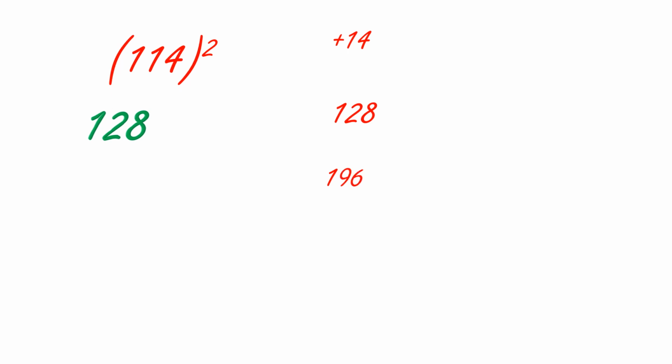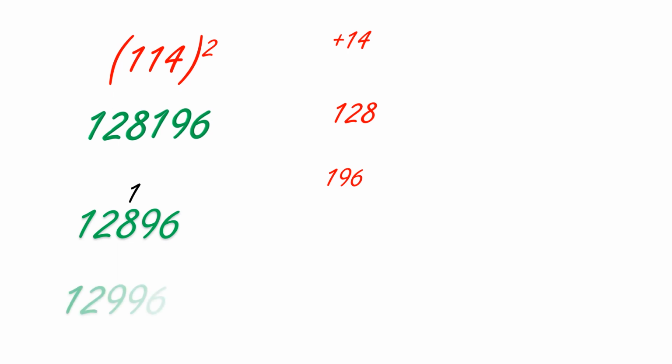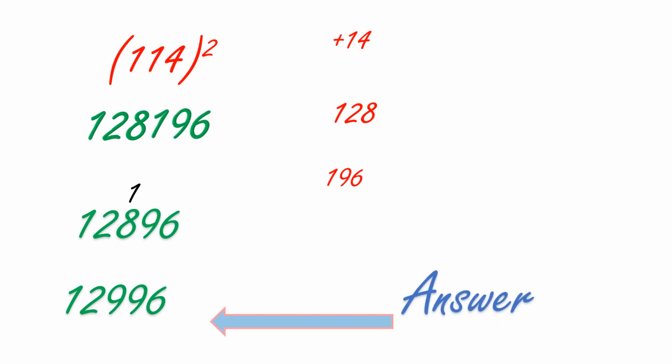Now as the difference is 14, the square is 196, which contributes to the second part of my answer. But as the third step has only 2 digits in its hand, I can't write 196, I have to carry 1 over to 128. So my answer becomes 12996.